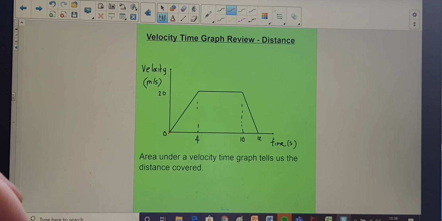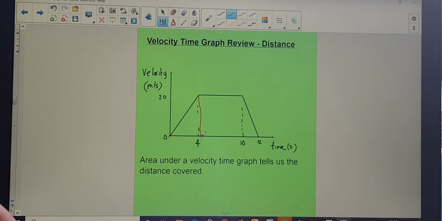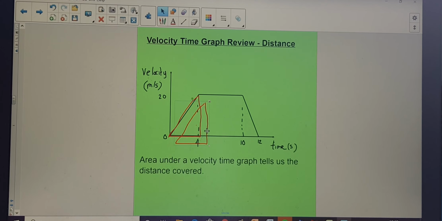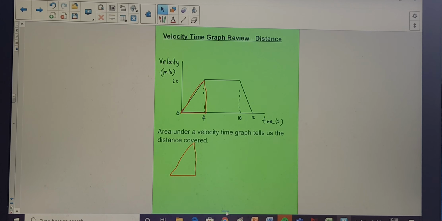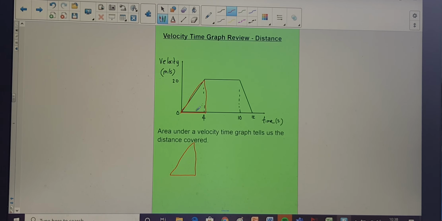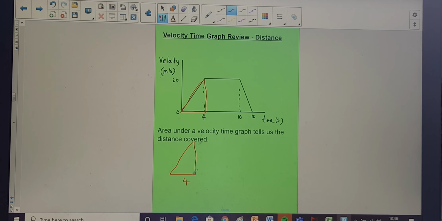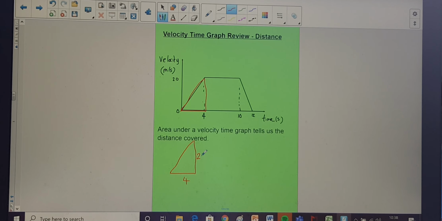I could, if I wanted to, split this up. So I'm going to work out the distance underneath this and draw an incredibly poor triangle. So we have one triangle here. Let's label what we have on that. I know that the time covered, that much is 4, and it goes up 20.